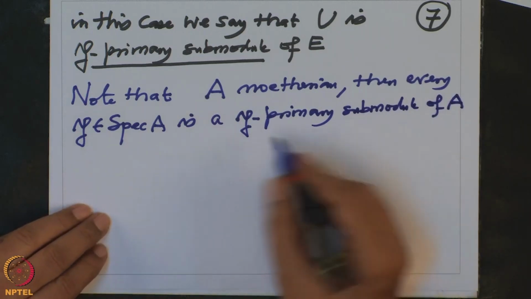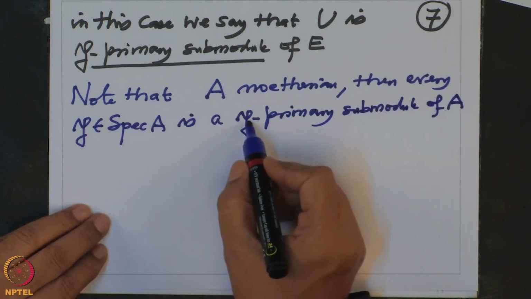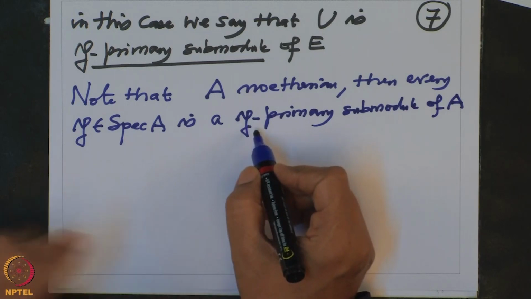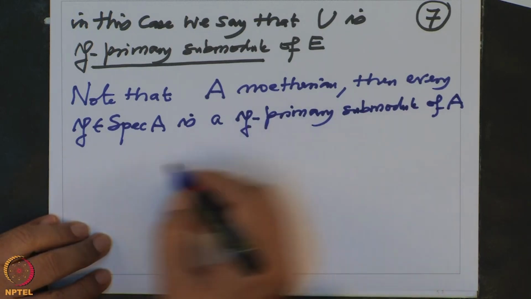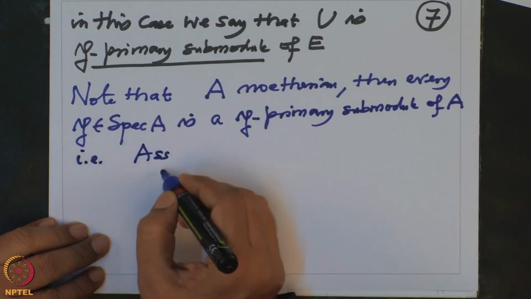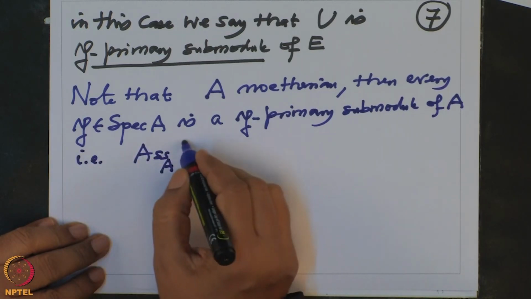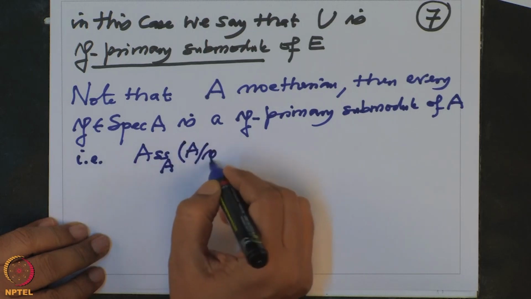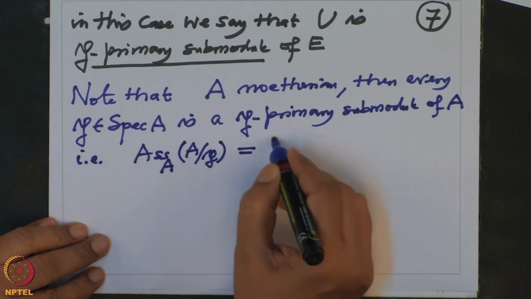That means we have to go mod that P and check whether it has only one associated prime ideal. So that means the associated prime ideals of A by P as a module over A is just the singleton P.